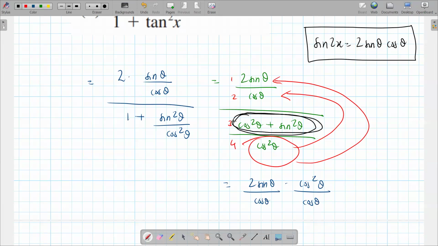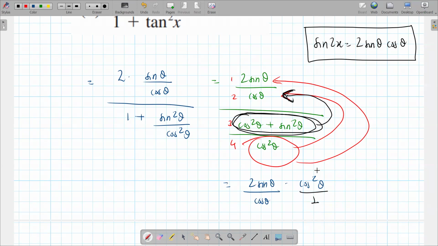As 1. And then 1 goes to this level here, so that means nothing changes. So cos squared theta over 1, and 1 goes to that level, like this.